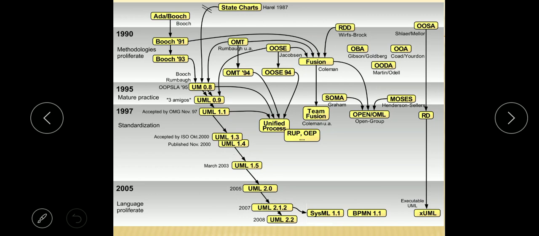Until UML 2.4.1, the latest versions of these standards were UML superstructure version 2.4.1, UML infrastructure version 2.4.1, OCL version 2.3.1, and UML diagram interchange version 1.0.